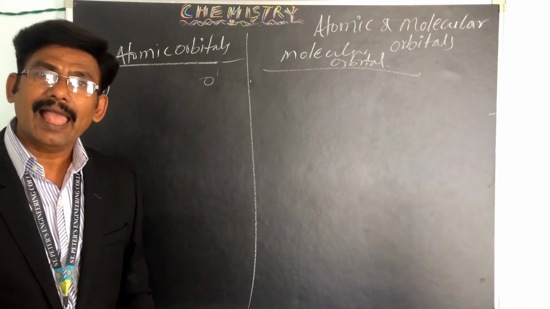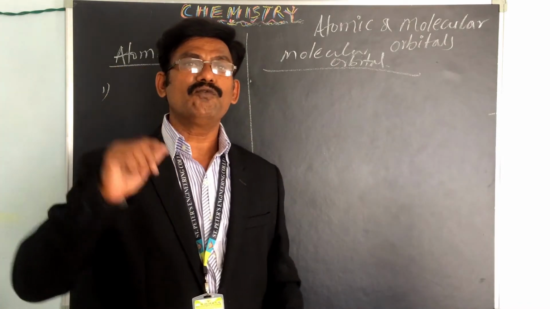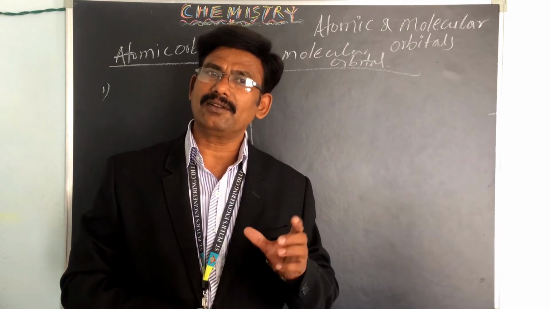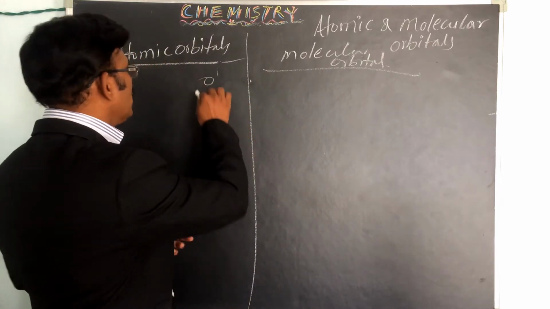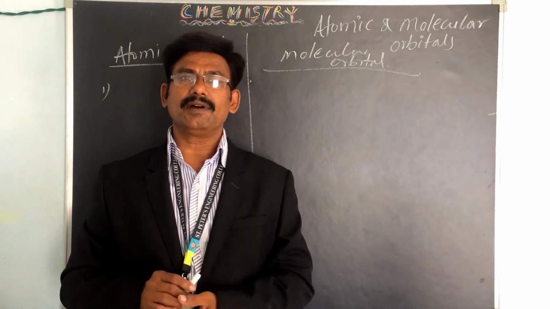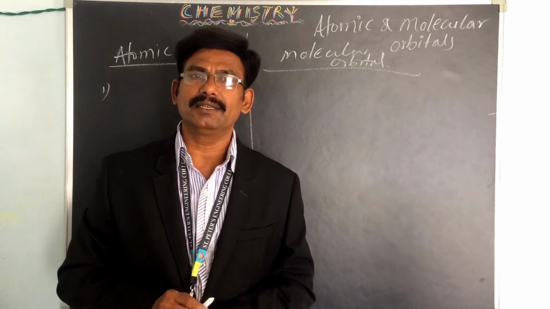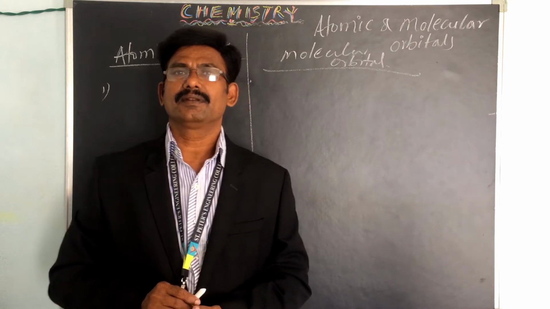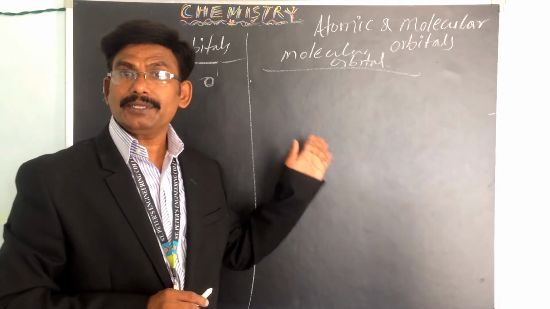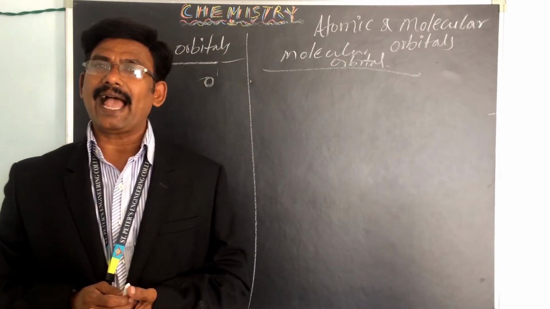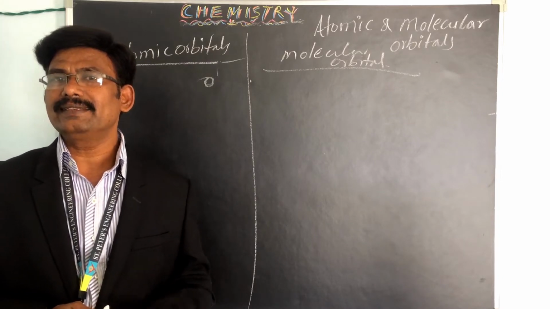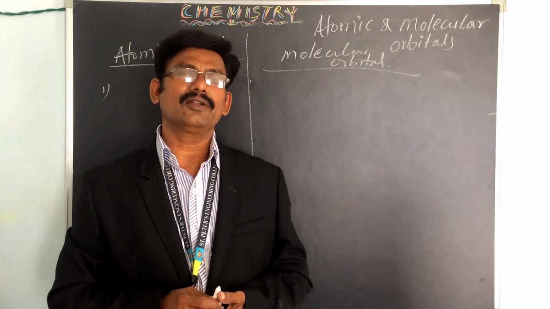The second one: an electron cloud leads to the formation of atomic orbitals around the atom. When fusion of atomic orbitals that have nearly the same energy takes place, it leads to the formation of molecular orbitals.